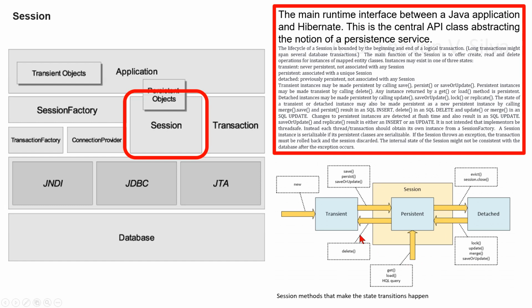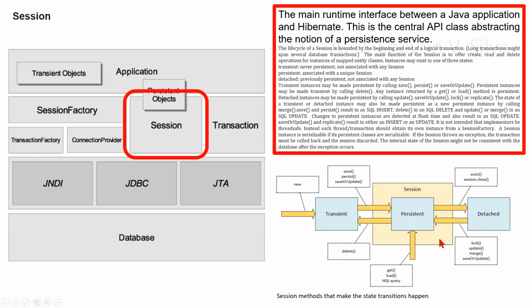This instance isn't and never was attached to a session. This instance has no corresponding rows in the database. It's usually just a new object that we created to save to the database.